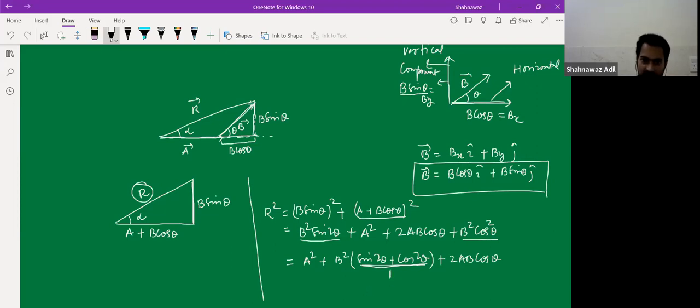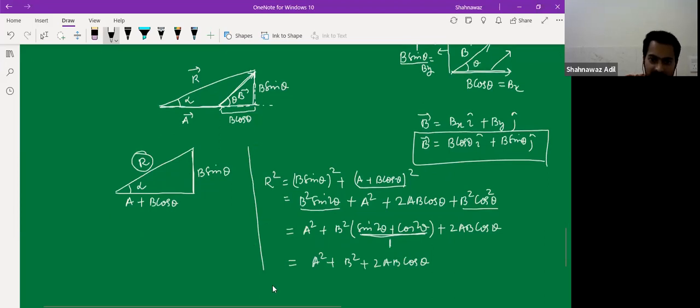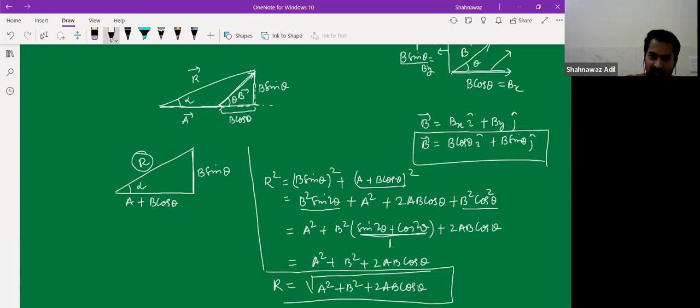So this would be A square plus B square plus 2AB cos theta. So the magnitude of the resultant, since this is R square, we take the root. So R is the square root of A square plus B square plus 2AB cos theta. This is the magnitude of the addition of vectors in polar form.